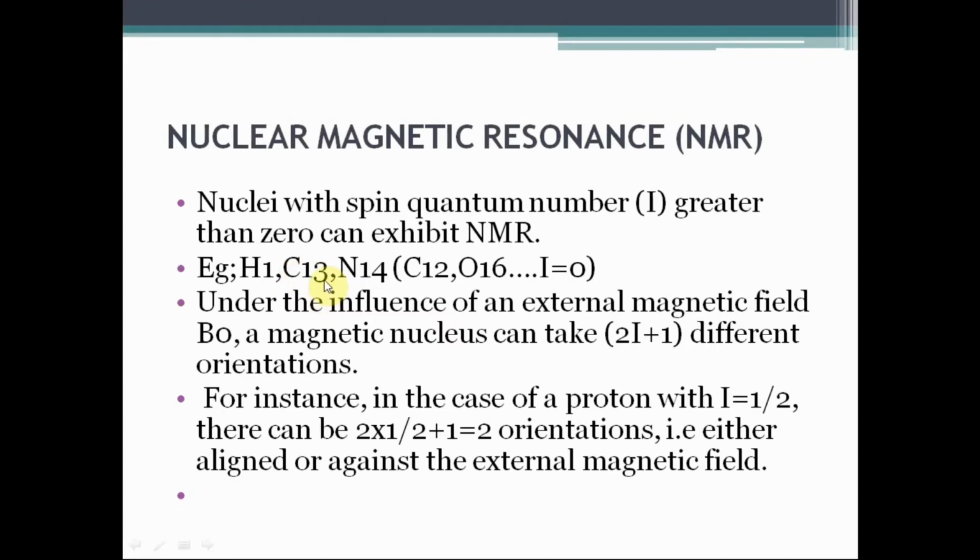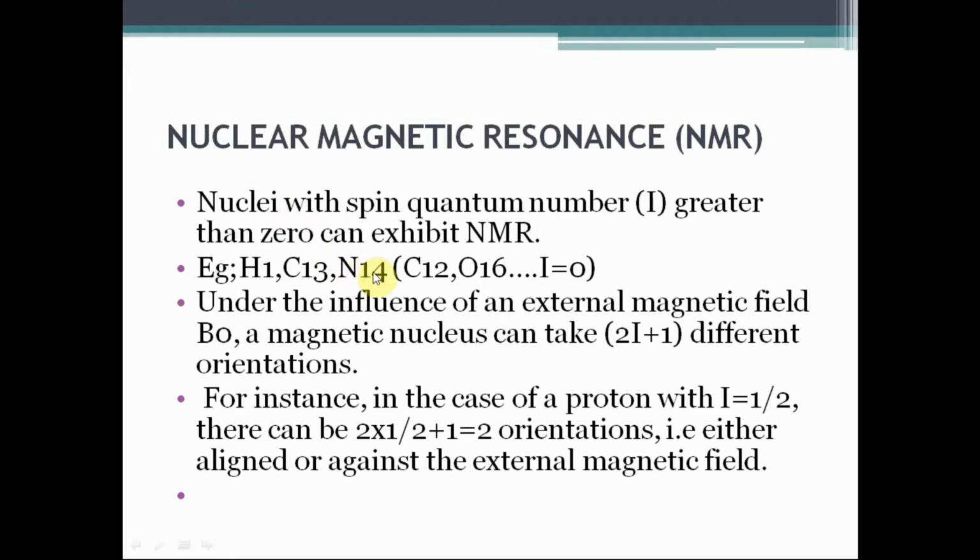With an even number of protons, 1 and 2 cancel each other, 3 and 4 cancel each other, 5 and 6 cancel each other, so the spin of the protons is 0. Then 7 neutrons are there; the 6 neutrons are paired and the 7th neutron can spin, making it a half. So it has spin quantum number I equal to half.